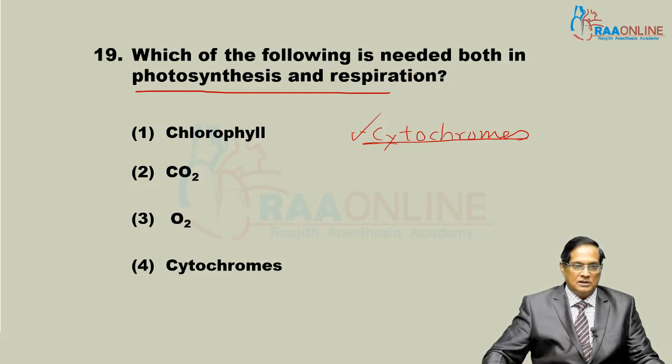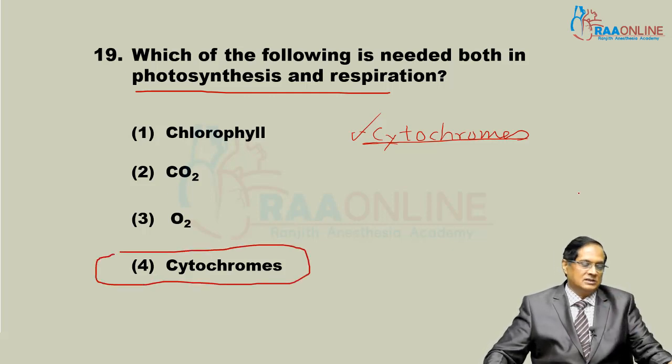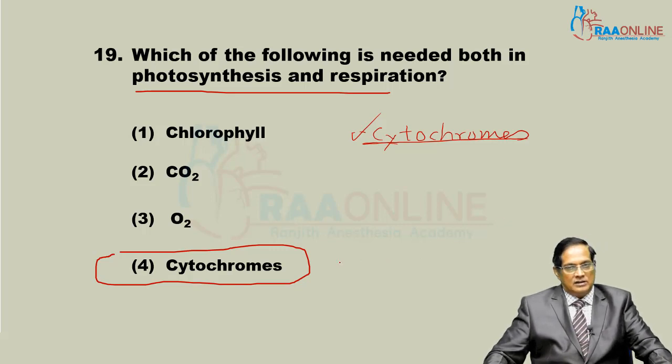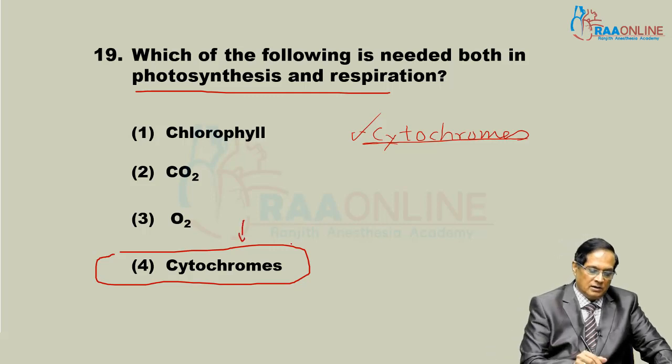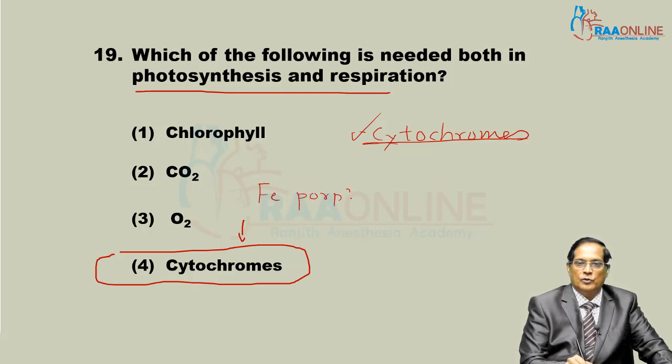So my answer for this question is fourth, that is cytochromes are needed in photosynthesis as well as in respiration. These are all electron carriers. Cytochromes are iron porphyrin compounds.